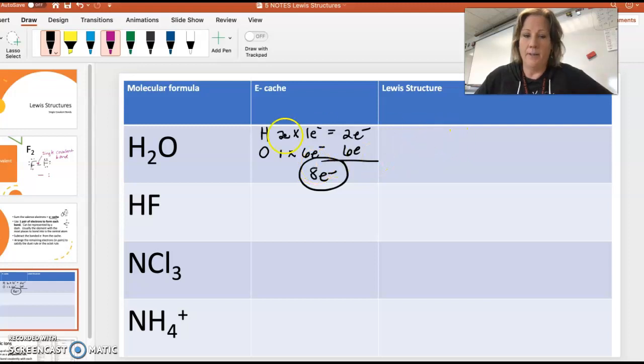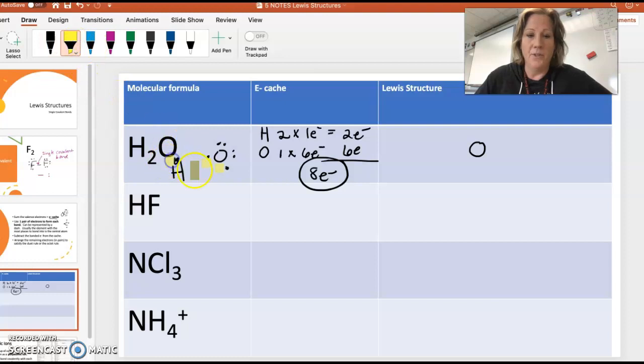The next step: now we have 3 elements. We're going to pick oxygen to put in the middle, because if you were to draw just the electron dot structure, you can see it has 2 unpaired electrons, and hydrogen only has 1.